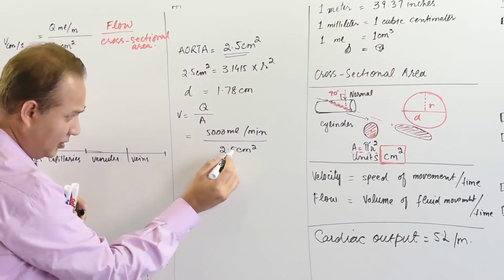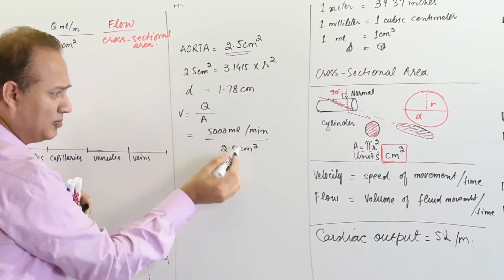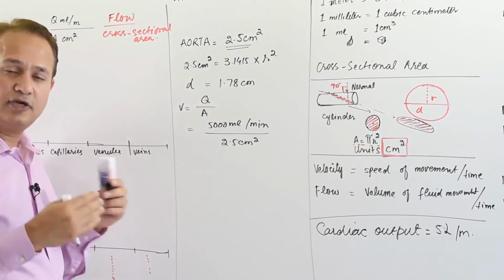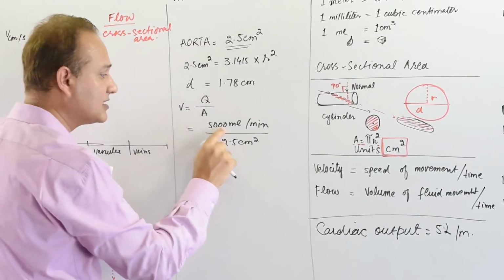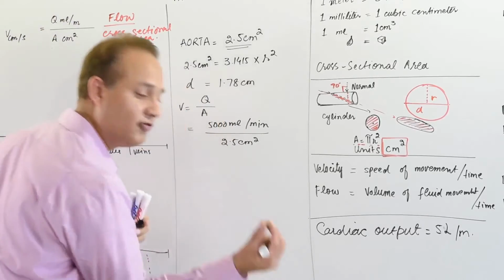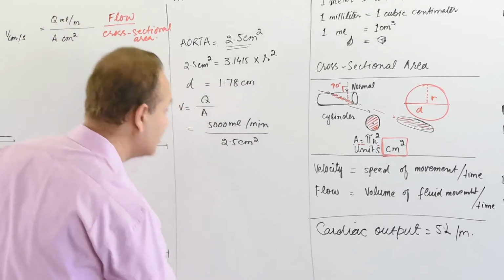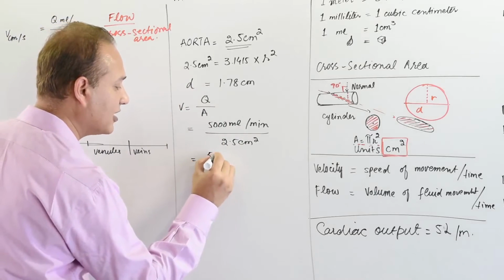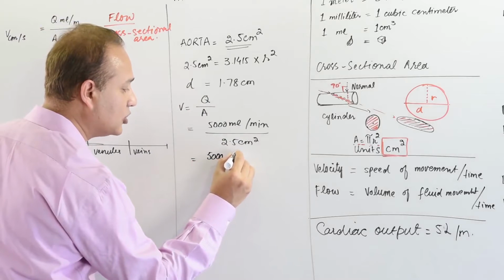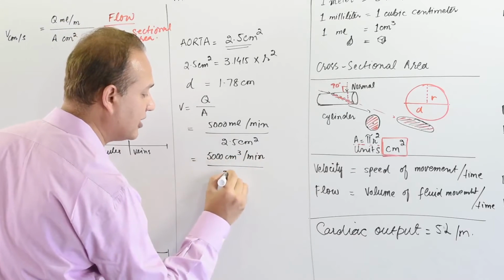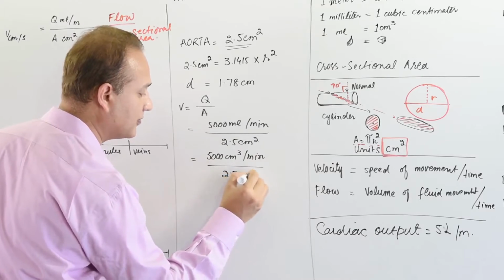Why? Look here, I cannot divide milliliter by centimeter. I cannot divide volume by length here. So I have to have similar units. So instead of 5000 milliliter, I'm going to say 5000 centimeter cube per minute divided by 2.5 centimeter square.